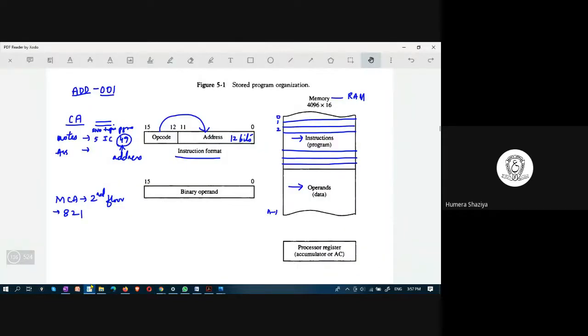What is the address? Address is the number of this RAM, right? The address is 12 bits long. When you say the address is 12 bits long, how many total addresses would you obtain for this RAM?